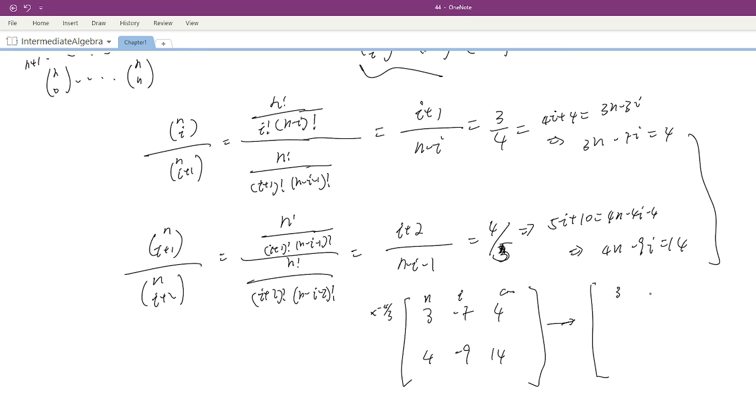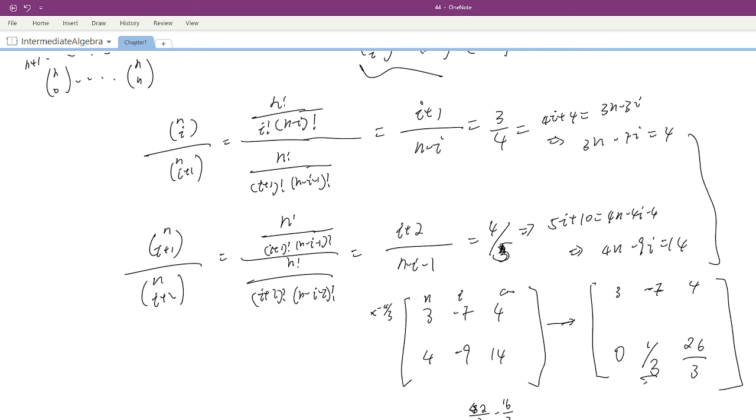So we have 3, negative 7 and 4, then this one is 0, this one is 1 over 3, and this one is negative 14 over 3, giving 26 over 3.